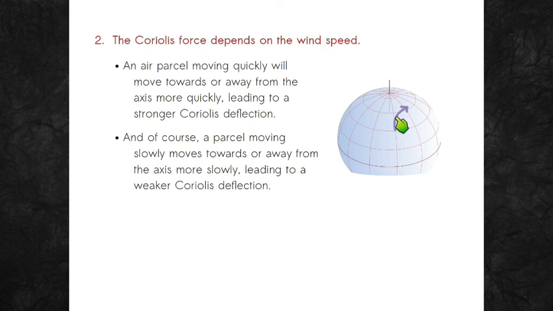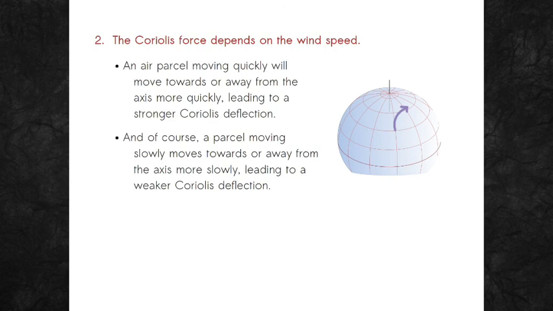We're going to be coming in towards the axis more quickly, and that's going to give us a stronger bend to our path. Whereas on the other hand, if we're moving in towards the axis more slowly, then the change in our radius is going to be smaller, and so the bend in the path will end up being weaker because of that. We're not going in towards the axis as quickly, and so we end up bending more slowly.